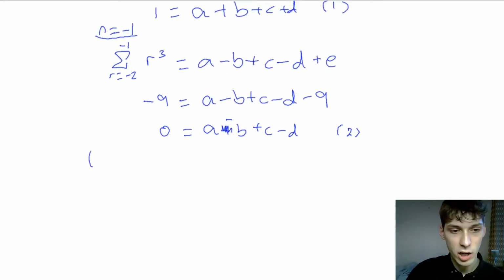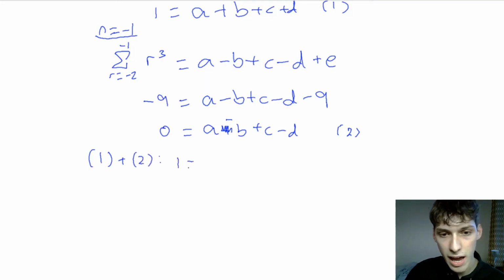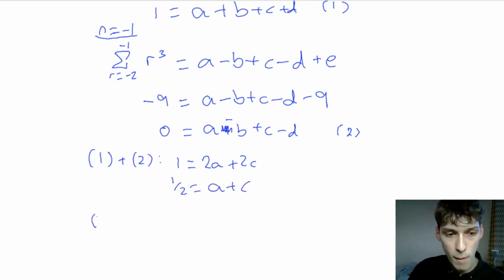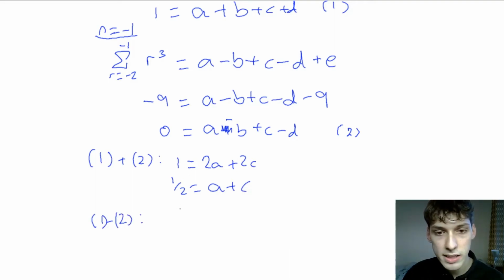So let's say equation 1 plus equation 2 gives us, okay, the left hand side is going to be a 1, and the right hand side is going to be 2a plus 2c. And that might be easier to write as a half is equal to a plus c. And 1 minus 2 is going to give us similar, but with 1 is equal to 2b plus 2d this time.